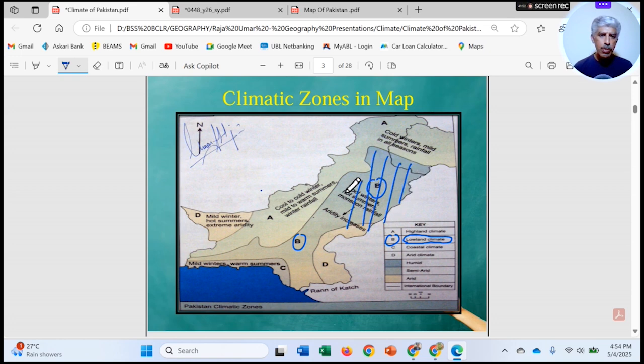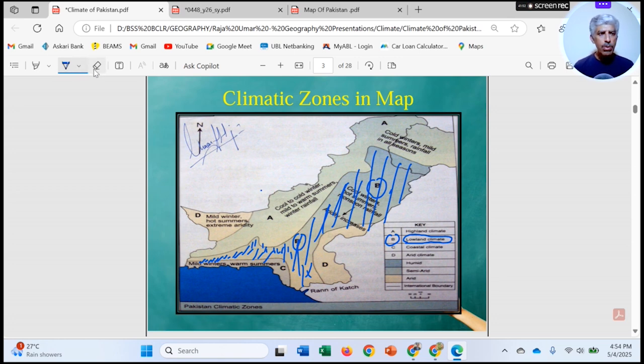This all is the Indus plain and some parts of Balochistan as well. This is the only difference if we compare it with the topography. This whole one is the Indus plain, fine, that is okay. We studied it the same way, as I am just identifying it.